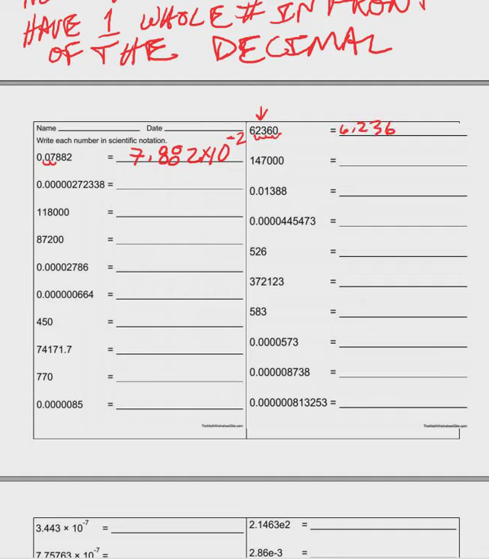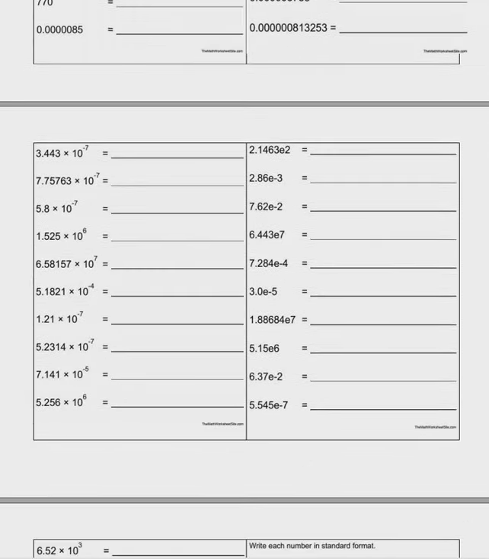We don't need the zeros anymore. We moved it over 4 places. We're making a bigger number smaller, so we're going to make the exponent positive. So it's 10 to the 4th. Now, the next page is taking these numbers and reversing the process that you did.